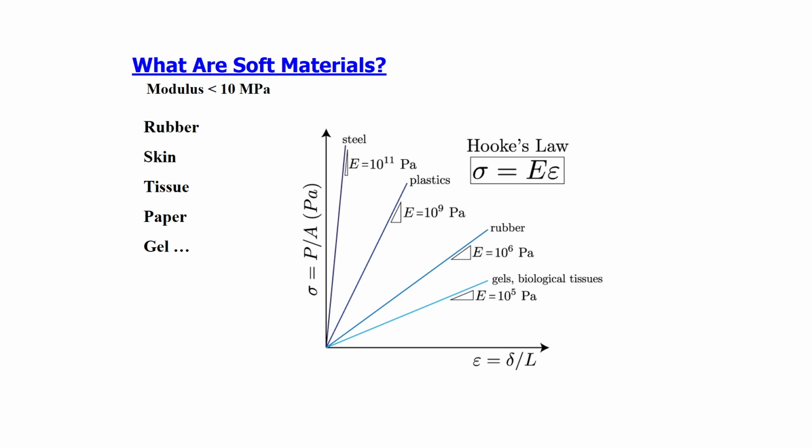Here is a plot of stress versus strain, essentially Hooke's law, and you can see that biological tissues are of the order of 0.1 megapascal, rubber is of a megapascal, and plastics will be of 10 to the power 9 Pascal. So, we are actually working in this particular regime, that is rubber and gels and biological tissues. Our materials will be of this type.